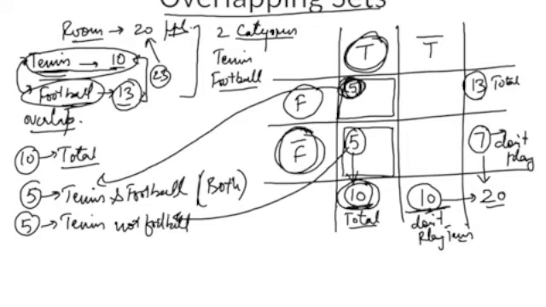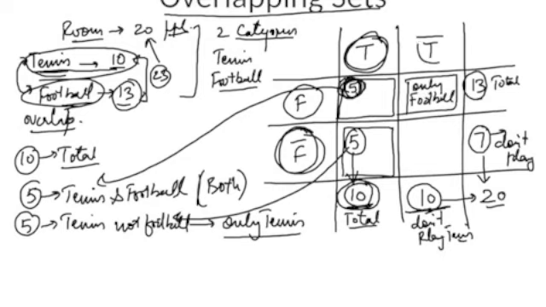The language might say they play only tennis. Only tennis would mean no football, just tennis, because we are talking about two categories. So only tennis means not the other category, just one category, tennis. Same way, this would mean only football. I mean football, but not tennis.